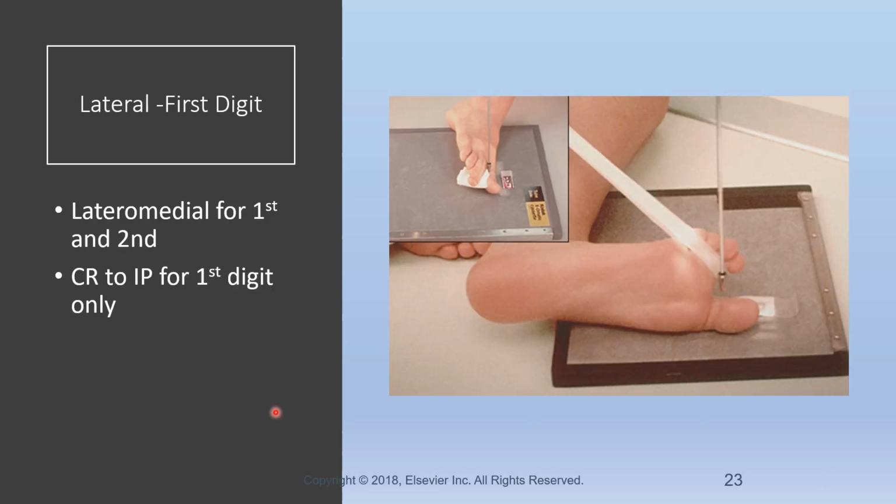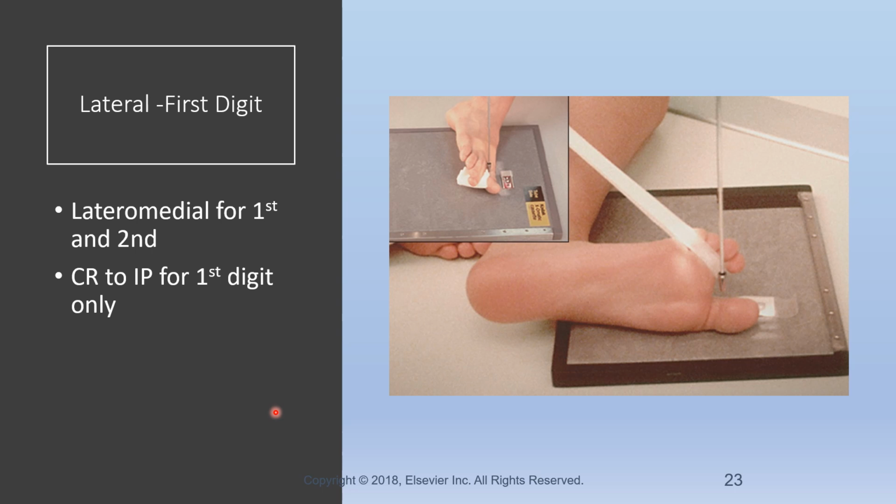The lateral is the last image that we do. So on toes, when it is a lateral, this is referencing a lateral of the first digit. So if it's the first digit or the second, you're going to do a lateromedial lateral, meaning you're going through the lateral aspect of the first and second digit and exiting the medial.